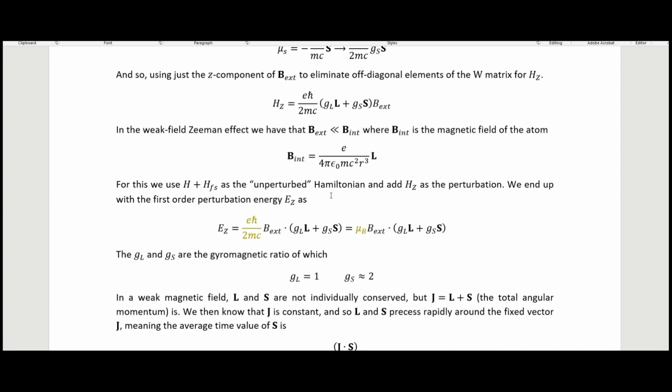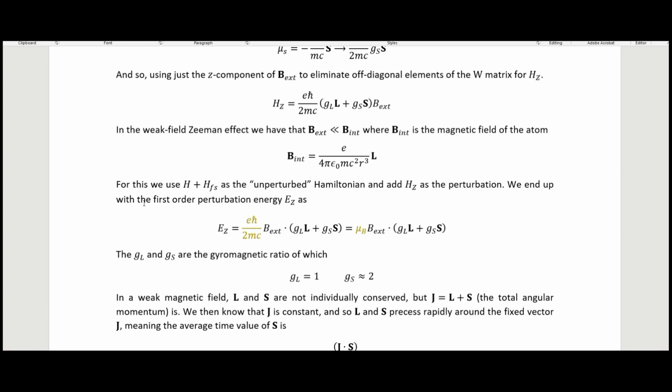We use that as the quote-unquote unperturbed Hamiltonian, and then H sub Z is the perturbation. We'll see that this is actually the opposite with the strong field Zeeman effect. But for the weak field, we have the Hamiltonian plus the Hamiltonian for the fine splitting as the unperturbed Hamiltonian, and then we add the Hamiltonian for the Zeeman effect as the perturbation.